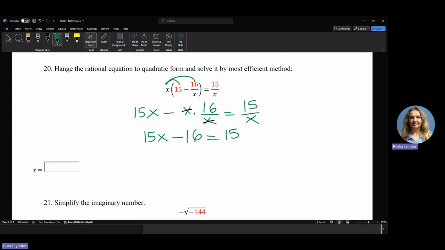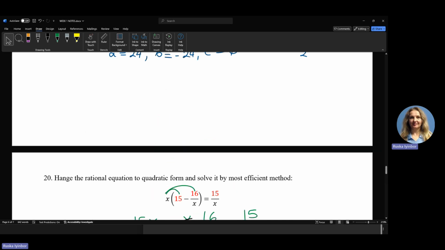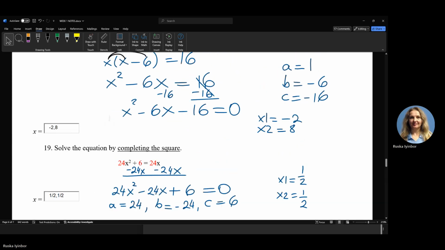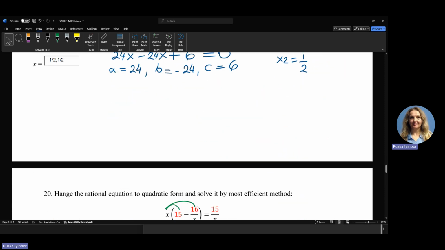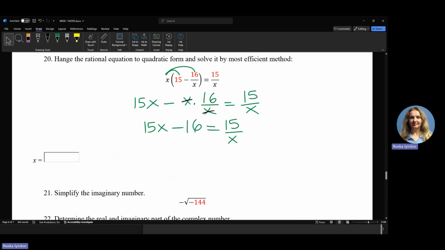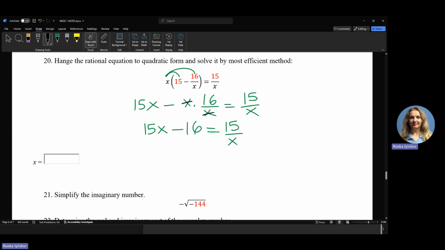So this is pretty much similar to the one we just did, the one equation above this one. When you have only one fraction, we're going to do the same. What are you multiplying by in this case? Going to multiply by x. That's right. Multiply this side by x and this side by x, and that's going to cancel the fraction.